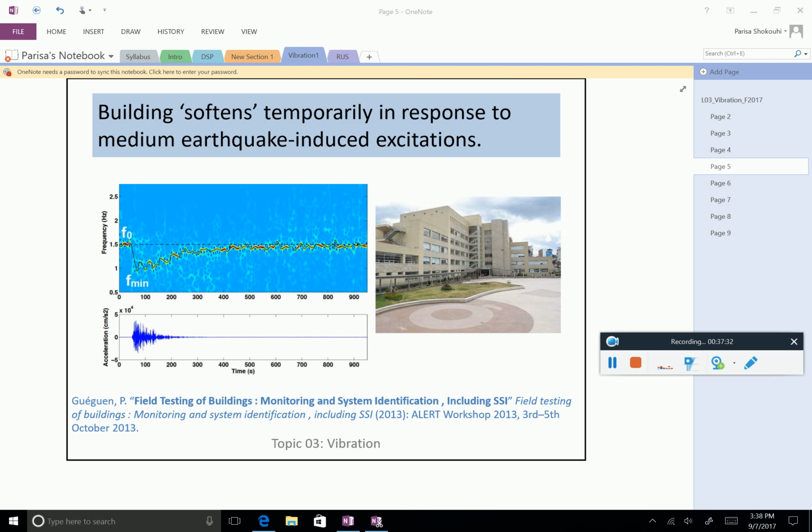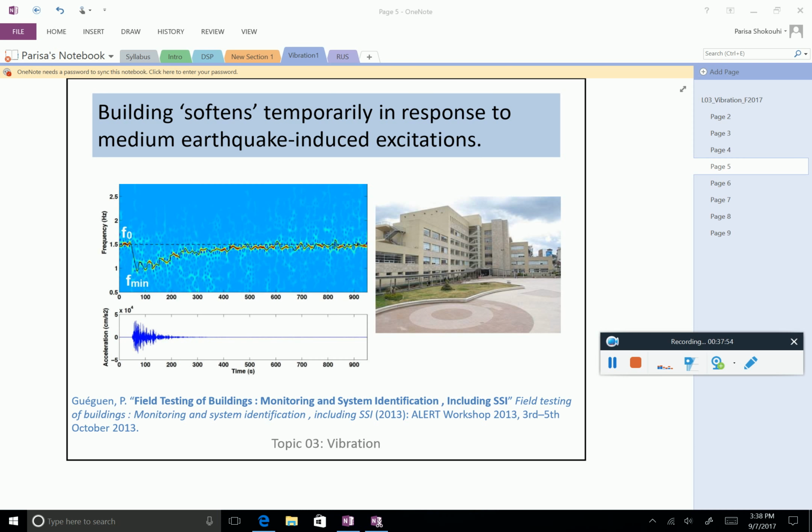It's not exactly a spectrogram, but it's something similar. So look here, you see a drop of the resonance frequency, and then you see oscillations during the time that the earthquake was received, and then you see that the building recovers.